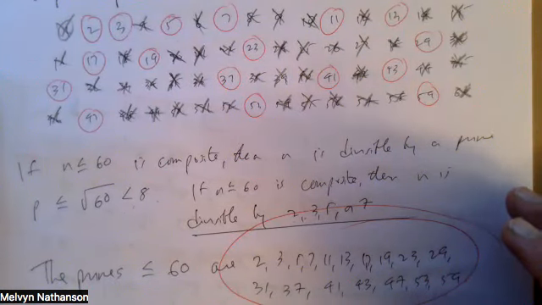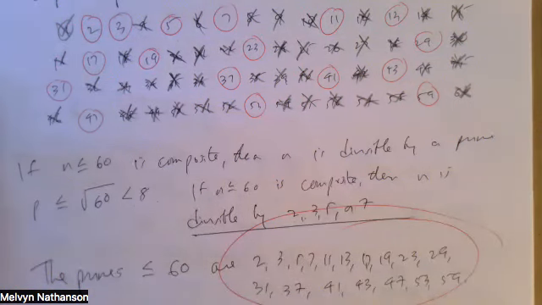And in the text, you see an example of the sieve of Eratosthenes for all the numbers up to 100. So, it's worth being able to do this kind of calculation.